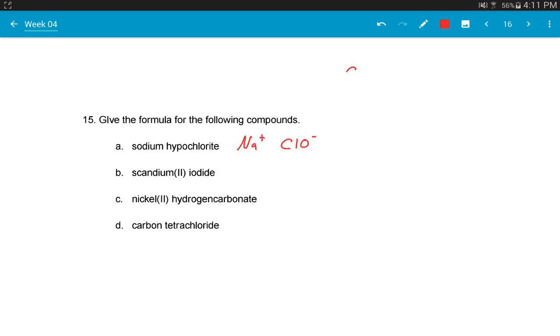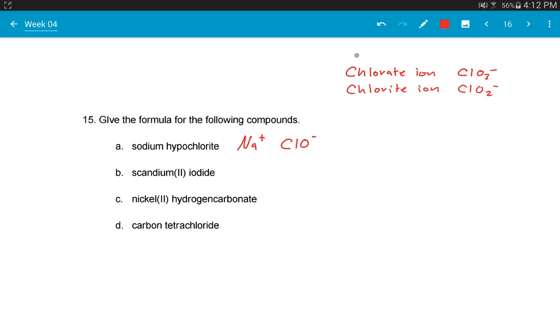Now remember, chlorate ion is ClO3 negative. Chlorite ion is ClO2 negative, 1 less oxygen.